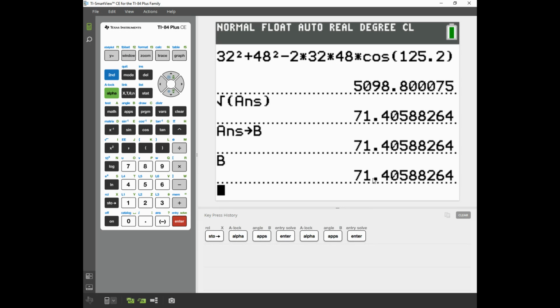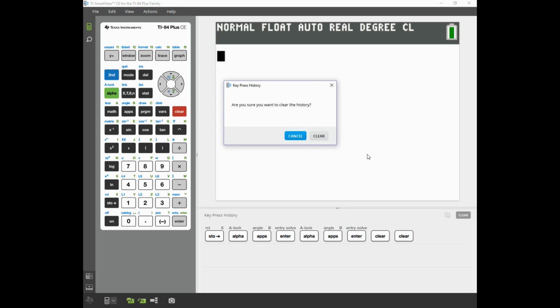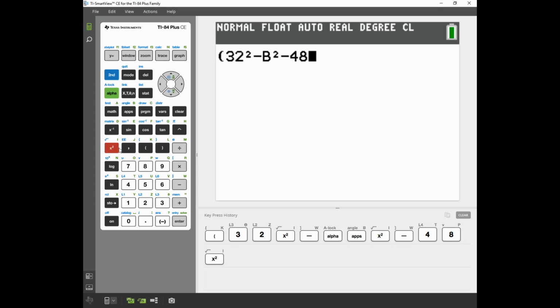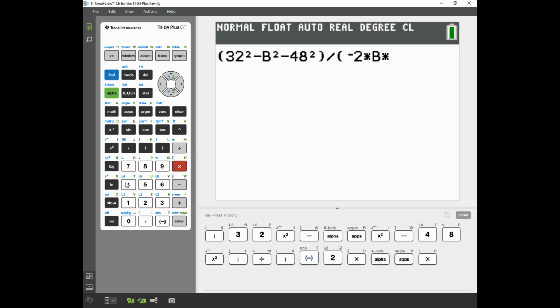Then when we went to the next step and we were calculating angle A, we needed to use B. So we have this expression, and then we need to do inverse cosine of that expression. I'll clear this. The numerator was 32 squared minus alpha B squared minus 48 squared, all of that divided by the denominator, negative 2 times alpha B times 48.